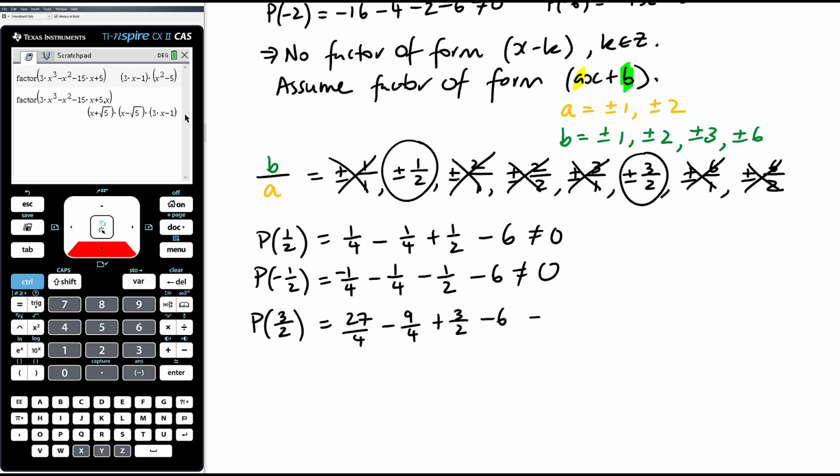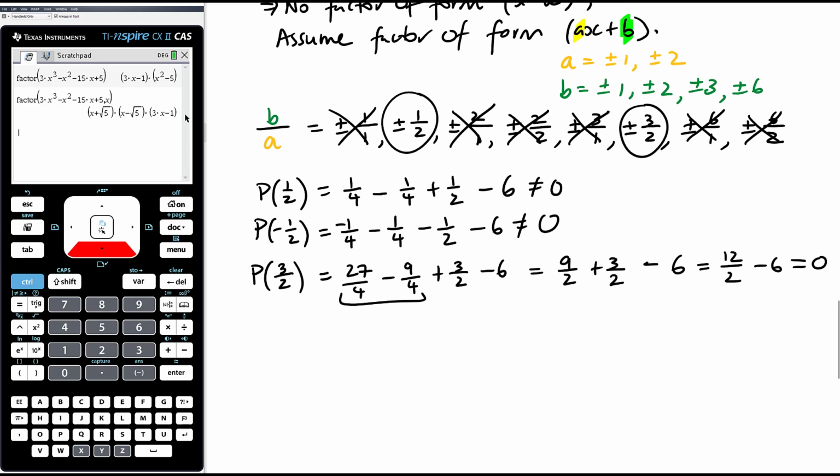Okay, so let's see what we've got there. 27 on 4 minus 9 on 4 is 18 on 4, which would be 9 on 2. All I did in that step was add those two things together. We've got 9 on 2 plus 3 on 2, which is 12 on 2. 12 on 2 minus 6, 12 on 2 is 6, and so that does equal 0. Okay, so that's good news for us.